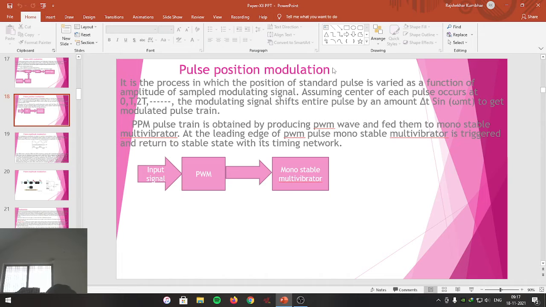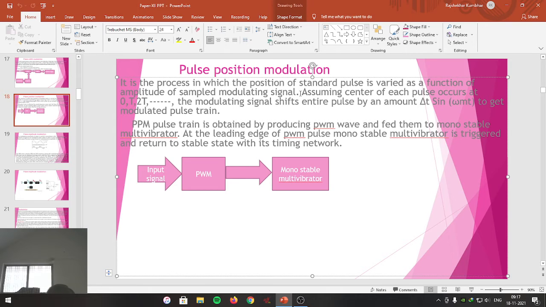Here the width doesn't change, but the position of the pulse changes as the amplitude of the signal changes. It is a process in which the position of the standard pulse is varied as a function of the amplitude of the sampled modulating signal.